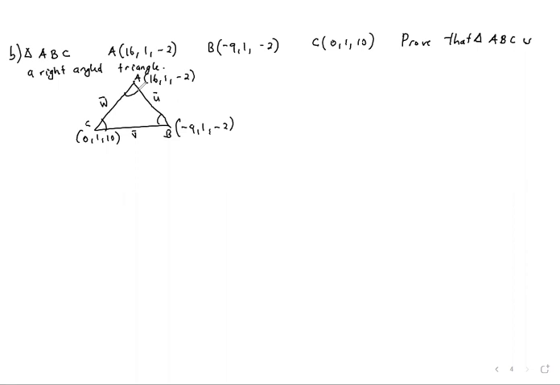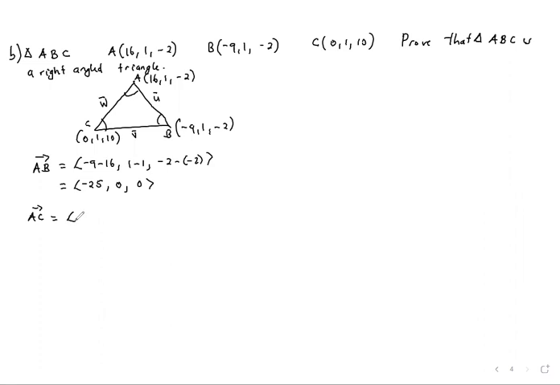So we get AB as a vector. We will be saying -9 minus 16, 1 minus 1, -2 minus -2. This is giving us -25, 0, 0. Then we get AC.